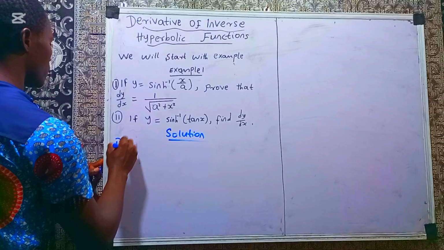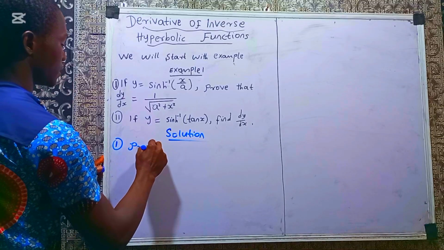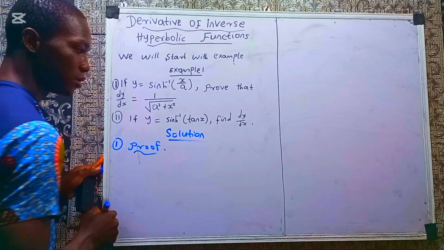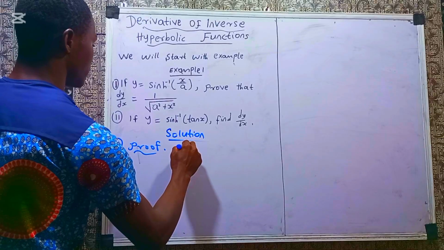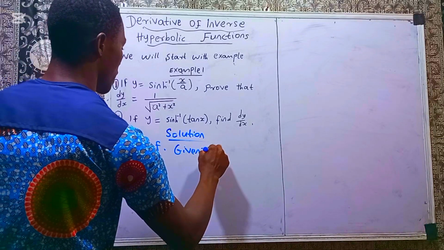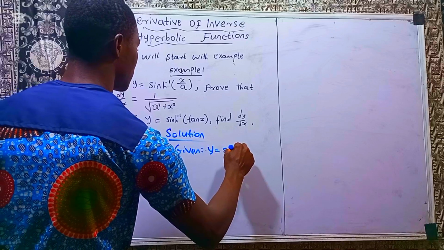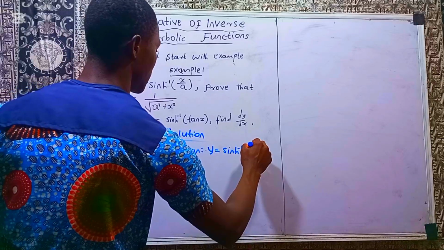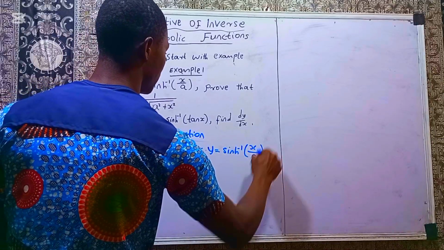So for the first one, we want to prove that, so I'll write proof. We are given y is equal to hyperbolic sine inverse of x over a.